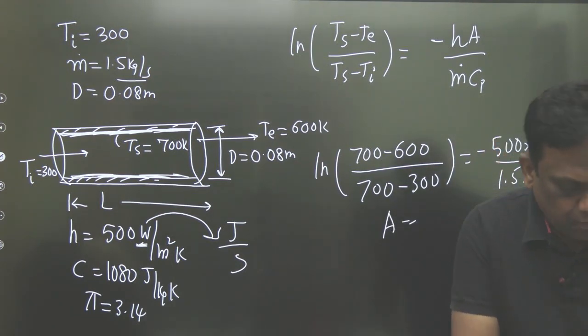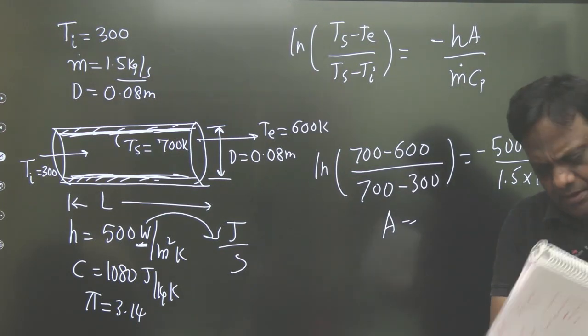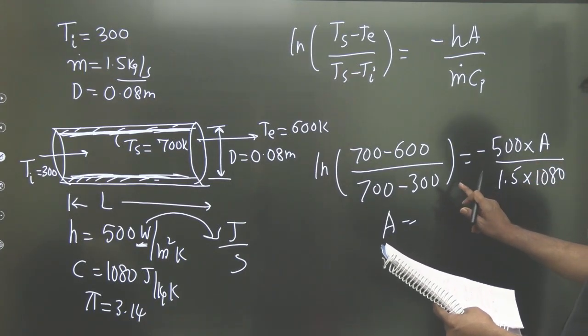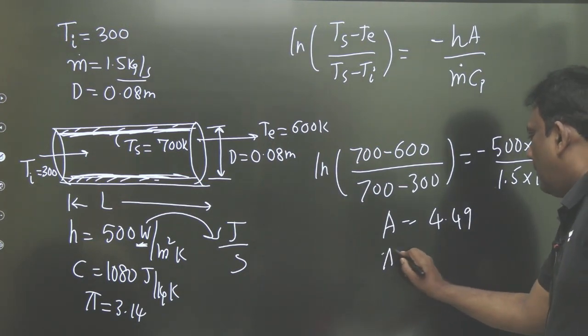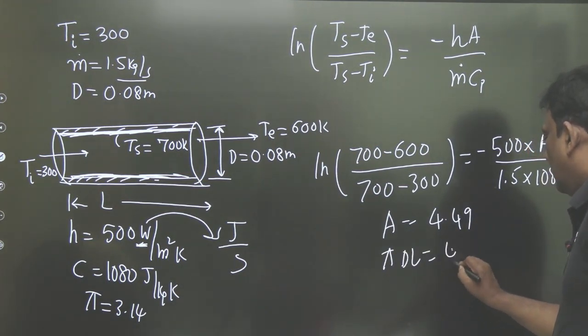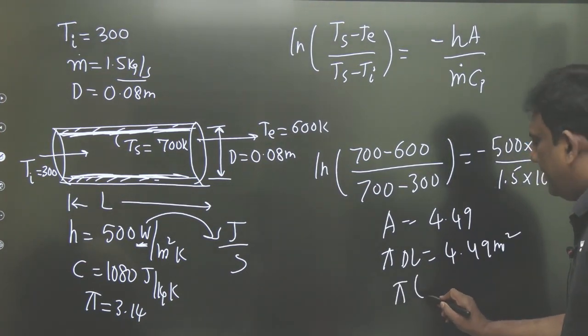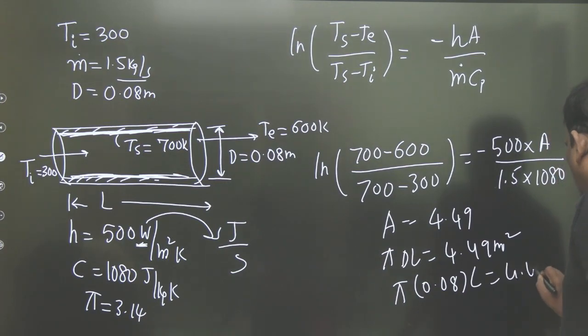Let's not waste time and calculate. The area is coming out to be 4.49, so pi into d into L is equal to 4.49 meter squared. What is the inner diameter? Pi into 0.08 into L is equal to 4.49.